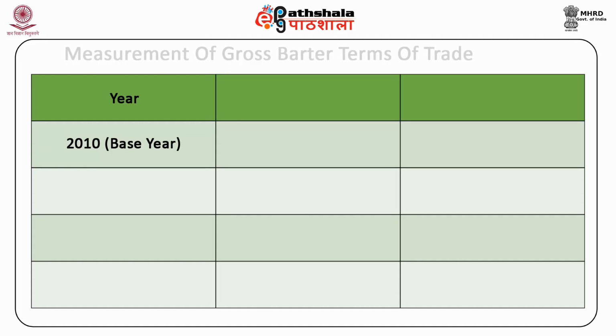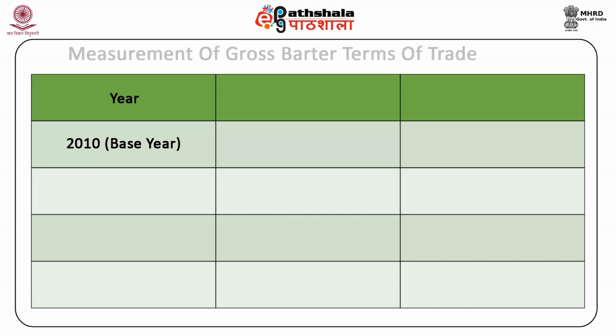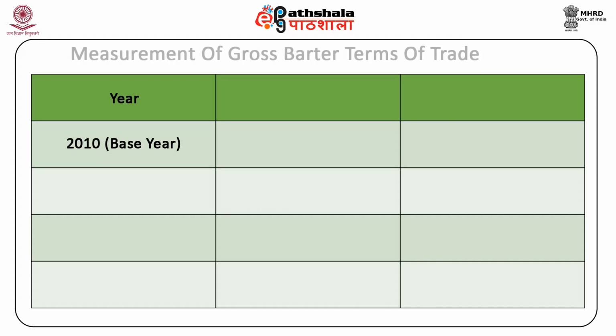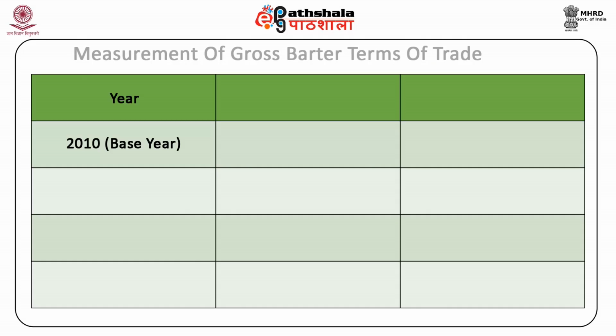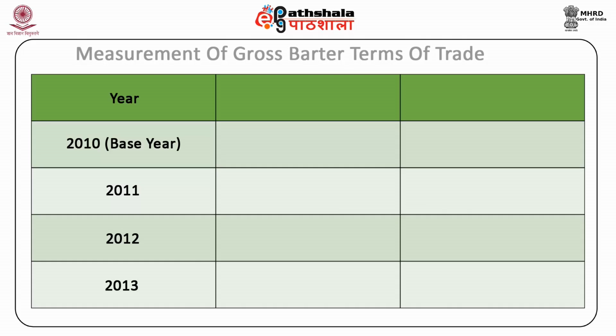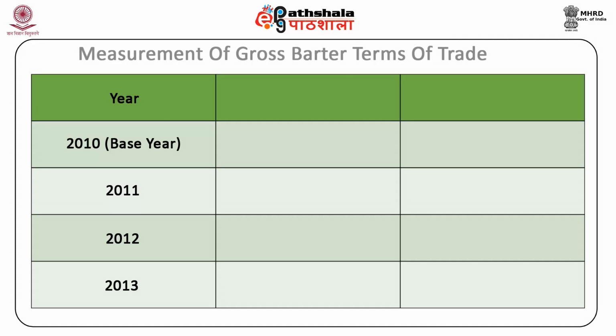The base year will serve as the benchmark period with which we can measure changes in the gross barter terms of trade in any given subsequent year, say 2011, 2012, 2013, and so on, 2020.